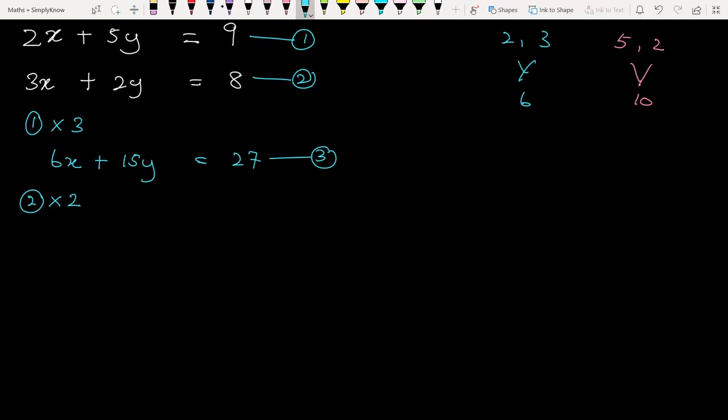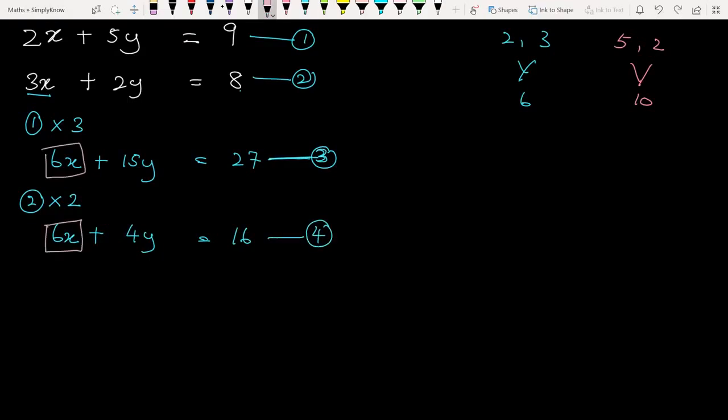So second equation, I'm going to multiply by 2. 3x times 2 is 6x plus 2y times 2 is 4y equals 8 times 2 is 16. Here it's the third equation and this is our fourth equation.